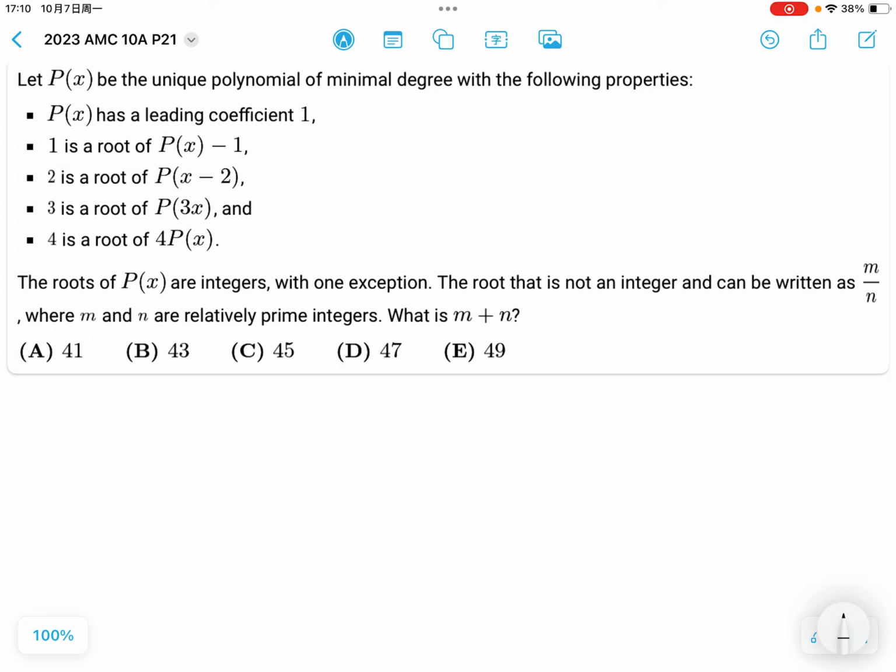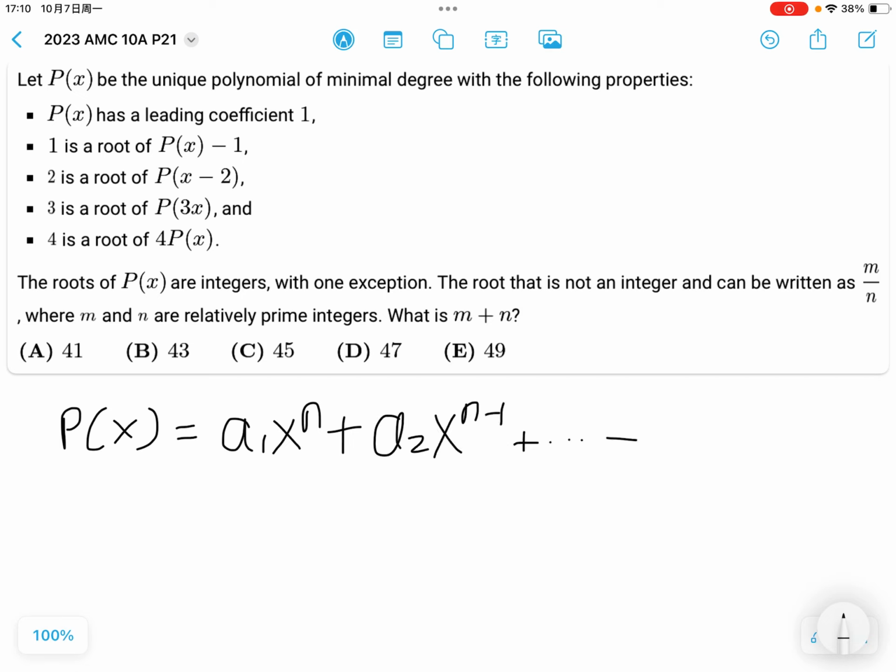So firstly, let's just write P of x out. How can we write P of x out? Two ways to do so. One is you have the coefficients, so x to some power, and then a2, the second coefficient, x to some other power, all the way to the constant.